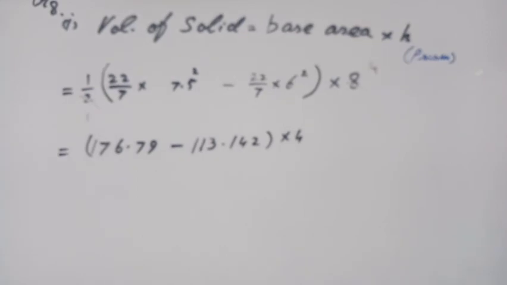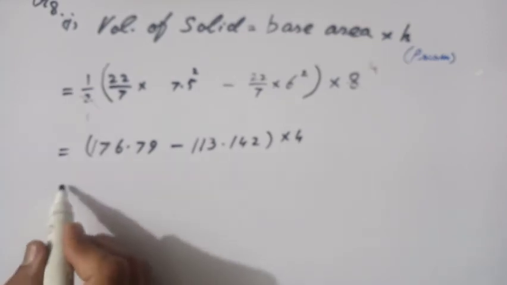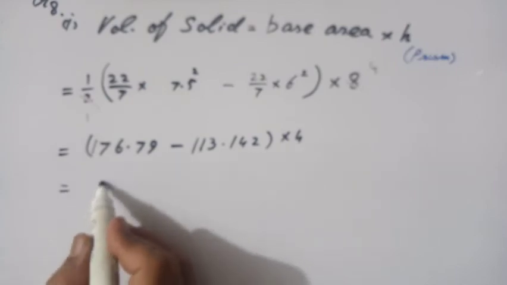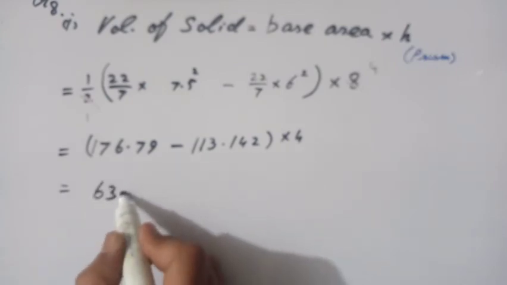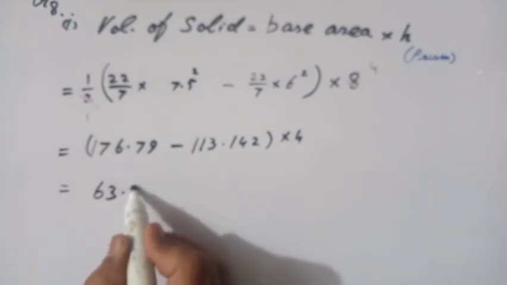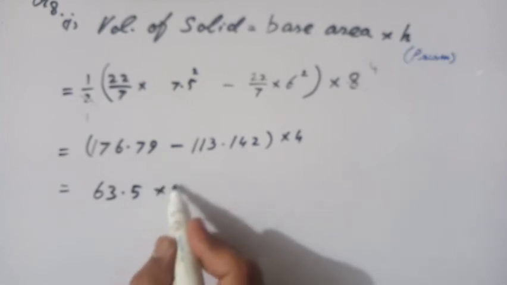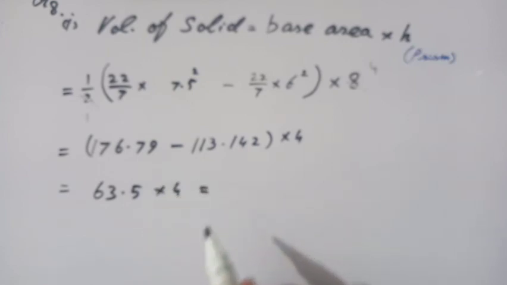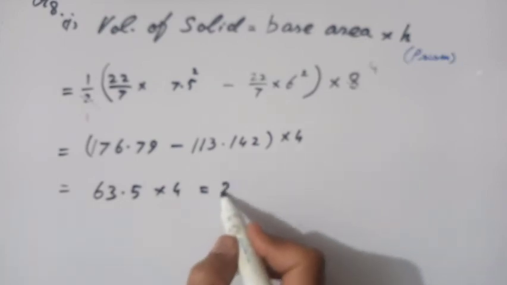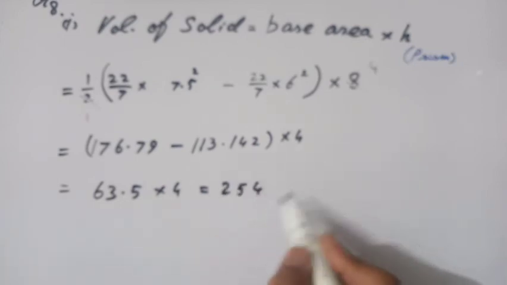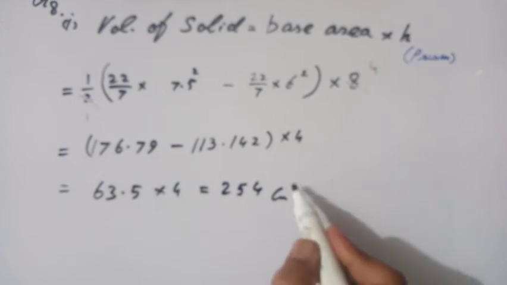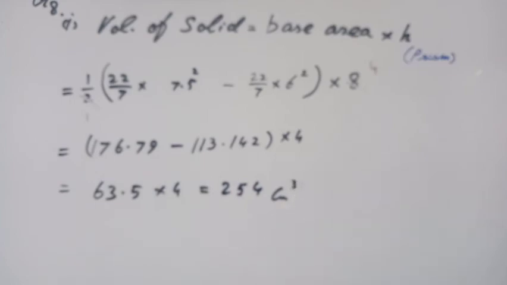This is equal to 63.5 multiplied by 4, which is equal to 254 centimeter cube. This way we have found the volume of this solid.